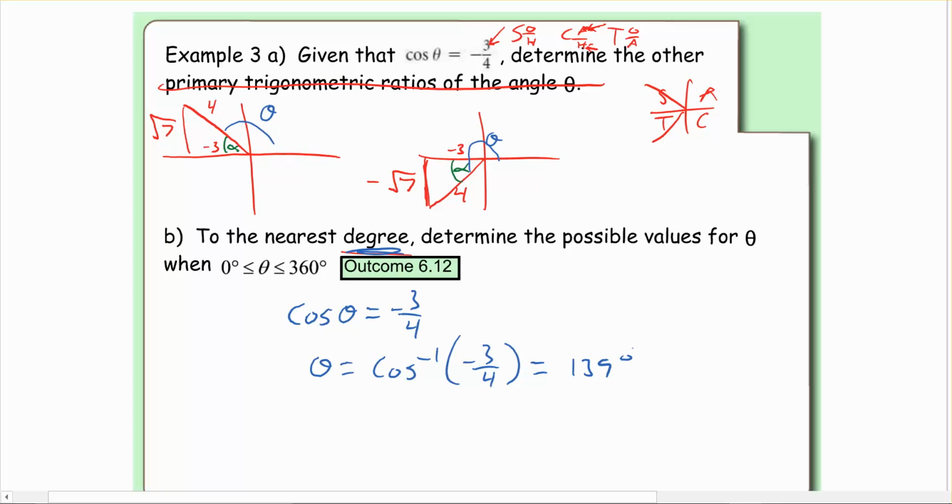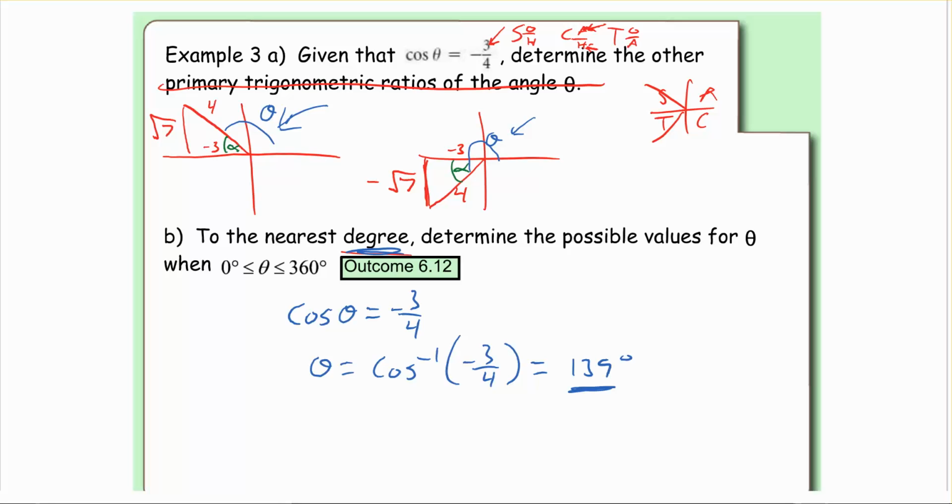Well, there's two numbers that could be. It could be this top one, or it could be this one. I know it's the top one because it's less than 180 degrees, right? 139 is less than 180, so it's really talking about this angle right there.